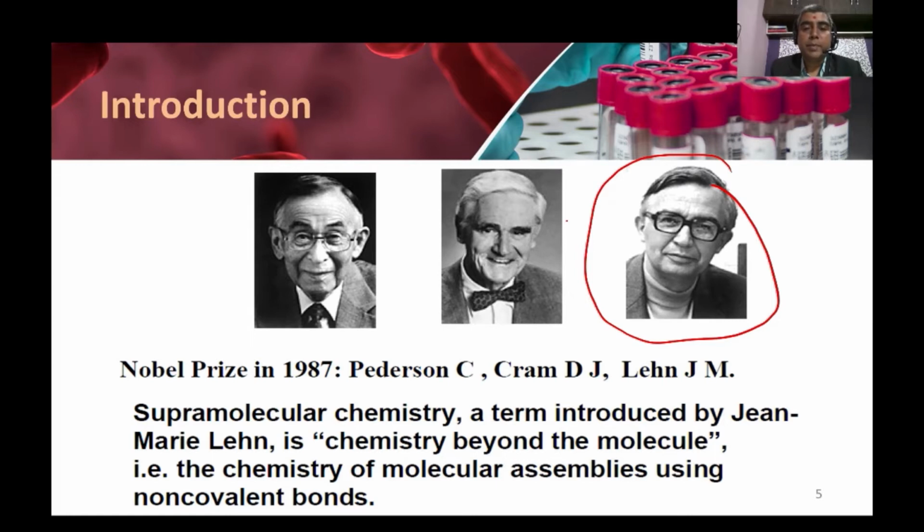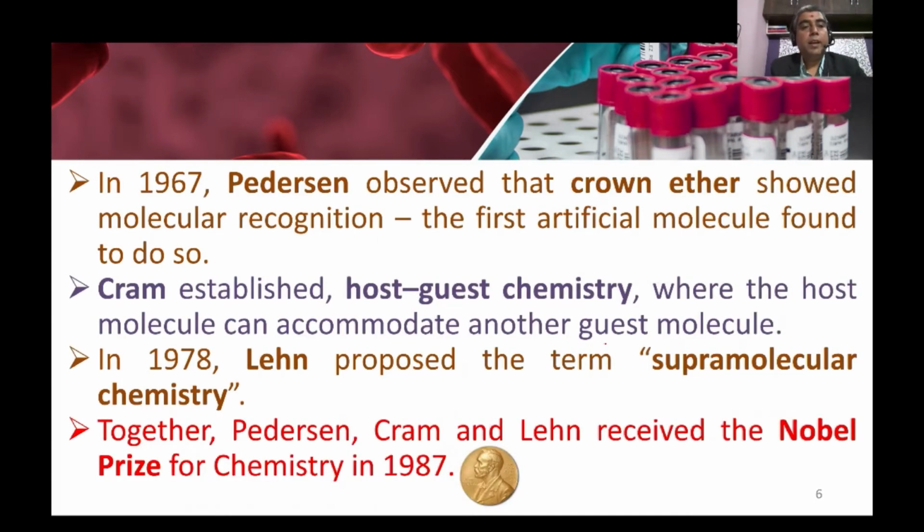The 3 scientists in the picture, first one is C.J. Pedersen, the middle one is Donald J. Cram, and third one is Jean-Marie Lehn. They received Nobel Prize in 1987 for supramolecular chemistry. In 1967, Pedersen observed that crown ether showed molecular recognition, the first artificial molecule found to do so.